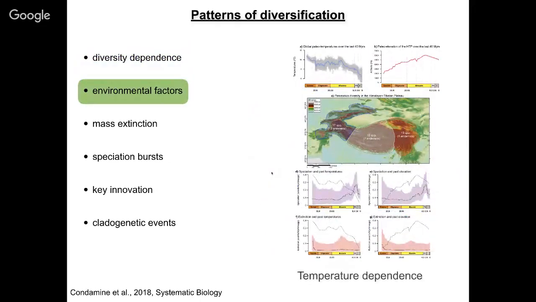Or are our diversification rates changing through time because of environmental factors? These environmental factors could be paleotemperature, could be also CO2 levels or other climatic factors that affect the entire study group, and because of that, change the rates of speciation and extinction over time.